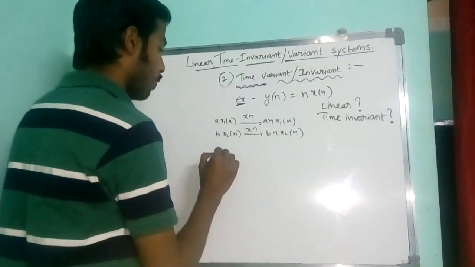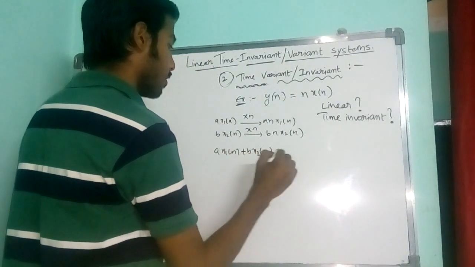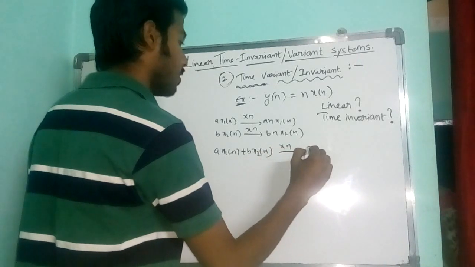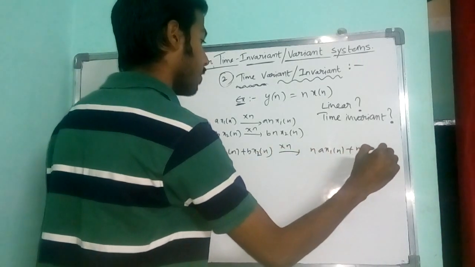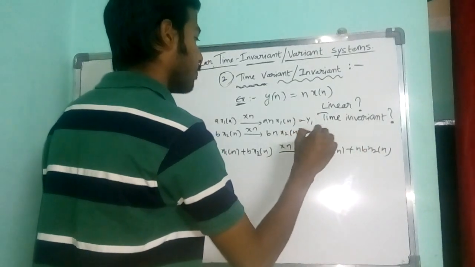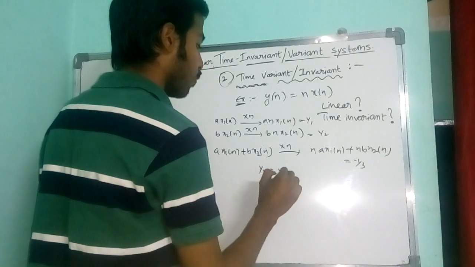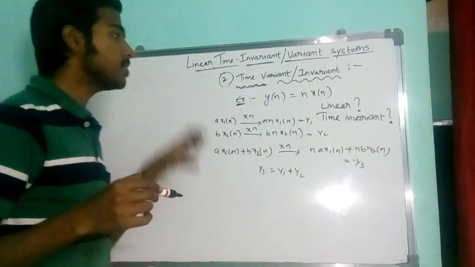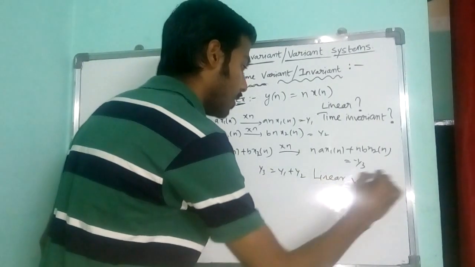Now add both input signals and apply the transformation. We get n a x1 of n plus n b x2 of n, where the first is y1, the second is y2, this will be y3, and y3 equals y1 plus y2. So this system is a linear system.